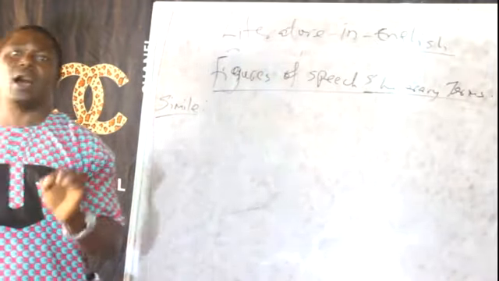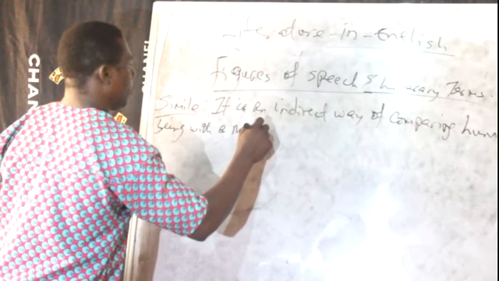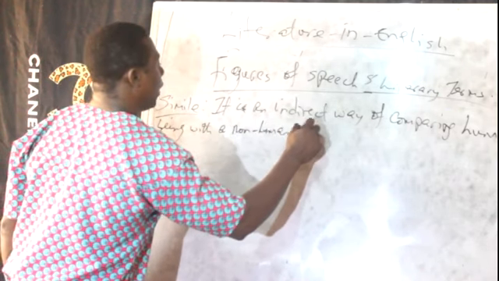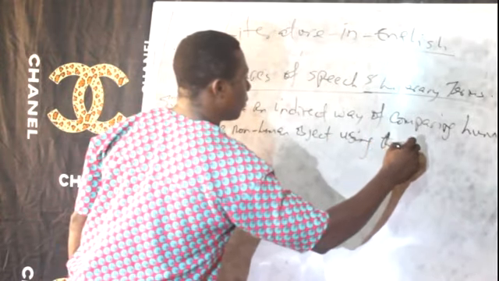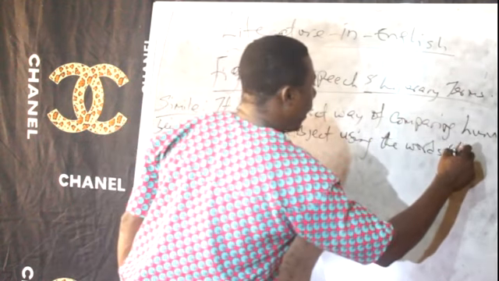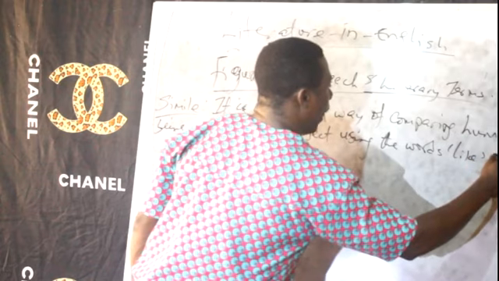It is an indirect way of comparing a human being with a non-human object, using the words like or as.